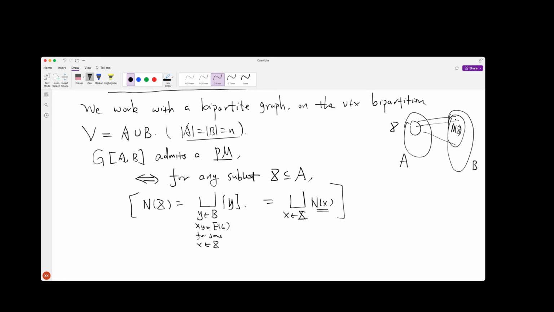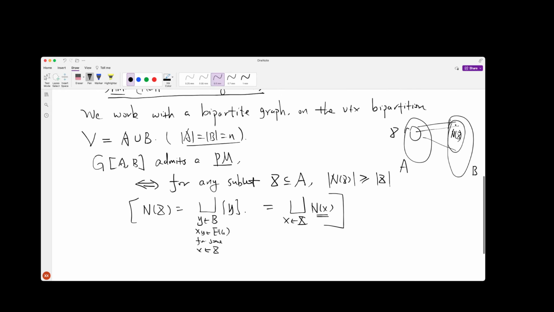The condition is that for any subset X of A, the size of N of X is at least the size of X. So for every subset X, its neighbor set is at least the same size as X. Okay, so this is the criterion. This property is usually called Hall's criterion. If you have this criterion, it ensures that the bipartite graph admits a perfect matching.